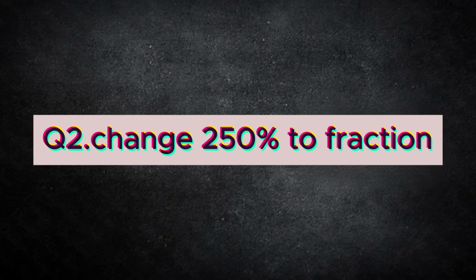So next, example number 2. Let's change 250%. As usual, 250% means 250 over 100. The greatest common factor for 250 and 100 is 50 itself.